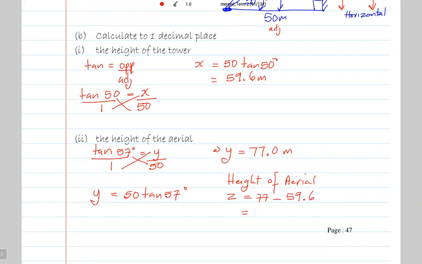And so the answer is 17.4 meters. The height of the aerial is 17.4 meters.